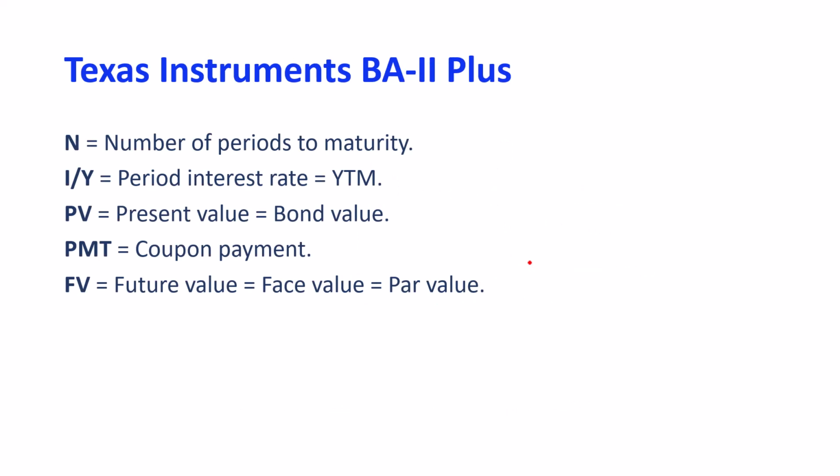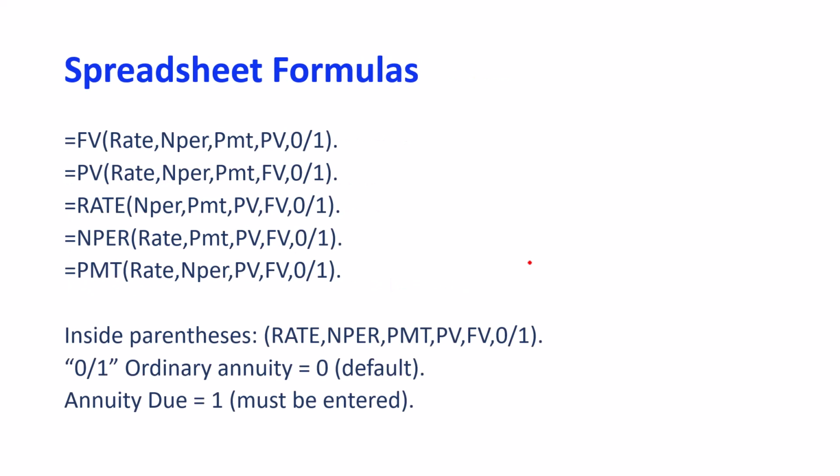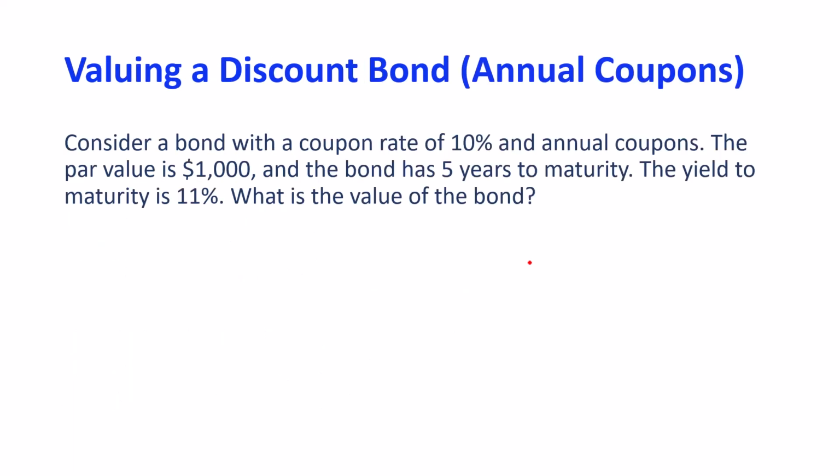So let's look at an example. These are the inputs for the financial calculator and the Excel that I'm going to go over in a minute. Here we have a bond with a coupon rate of 10%, and the coupons are paid annually. The compounding frequency is annual, so we don't have to change anything here.